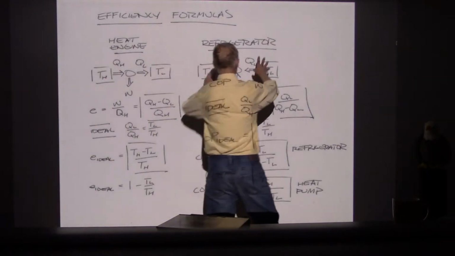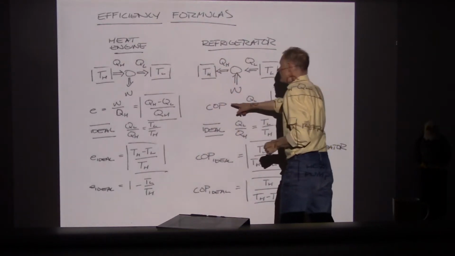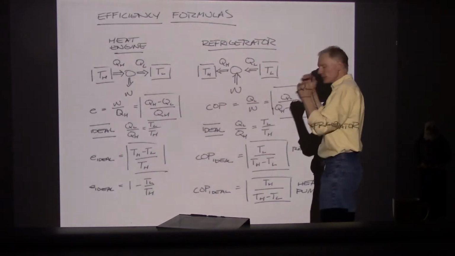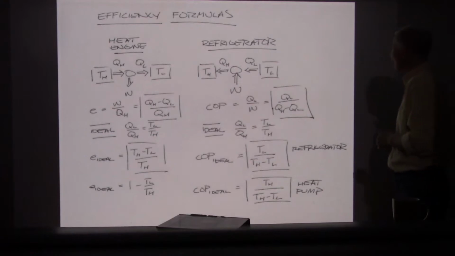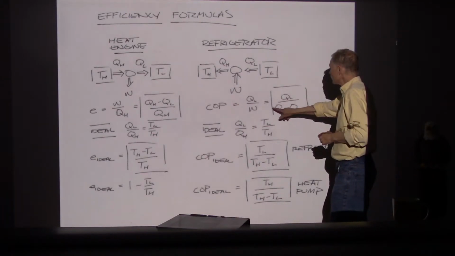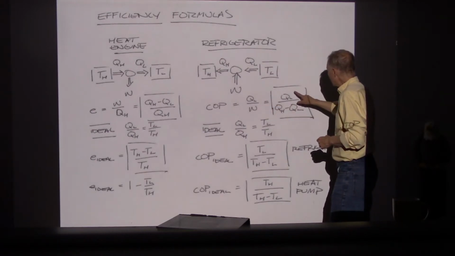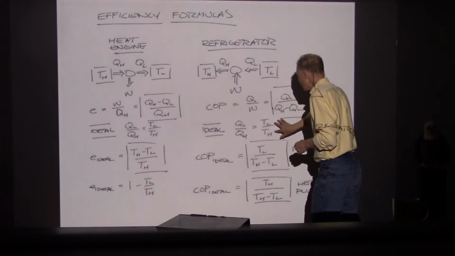Now to do a comparison, for the refrigerator, all the arrows reverse. The efficiency we're looking for is to get as much heat transferred, so let's make QL as big as possible, for a refrigerator, divided by work. And that becomes QL over QH minus QL. Ideally, this ratio holds.